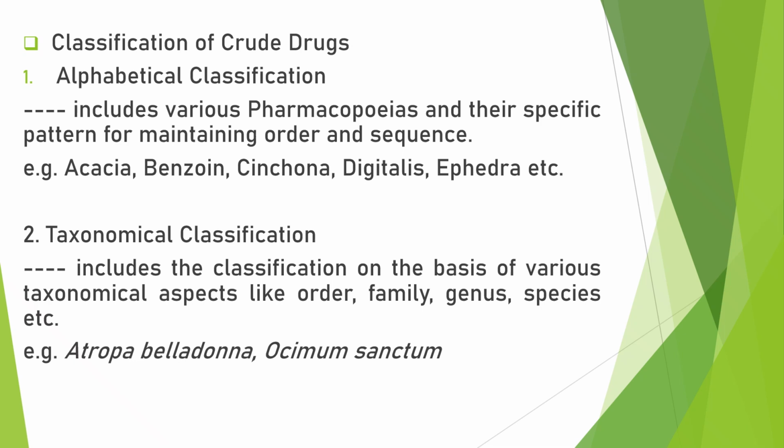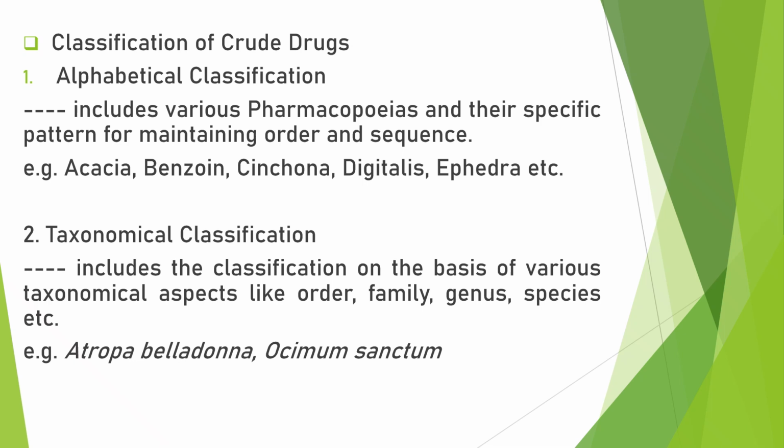It means we have employed all the English letters, alphabets, to arrange the drugs accordingly. Similarly, in the same fashion, it has been put in the monograph also and official text also.